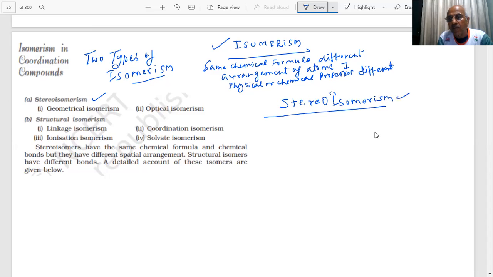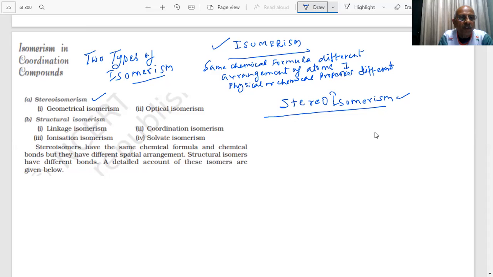Tell me yes or no. You have studied optically active compounds, mirror image isomers. We discussed that in organic chemistry. How are stereoisomers formed, students?